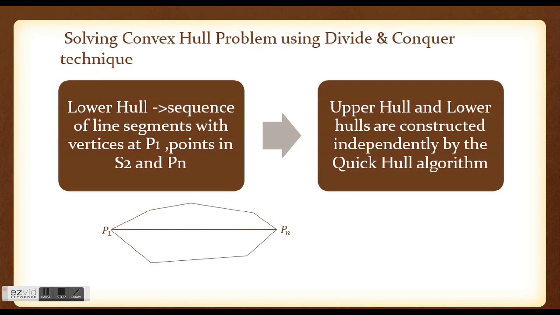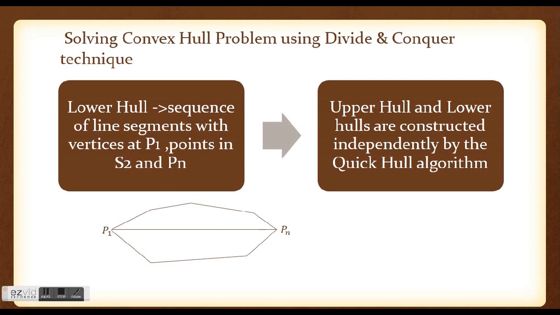So the upper hull and the lower hull are constructed independently by the quick hull algorithm, and then they are finally concatenated to form the convex hull of the set S of n points.